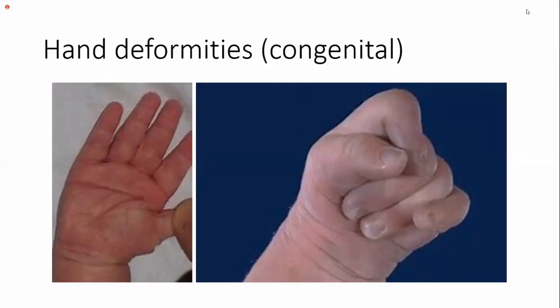Shall we move on then? So then you can have hand deformities, congenital hand deformities. And what do you notice in this hand? What is the abnormality? The palm. Look at the palm, not the fingers.